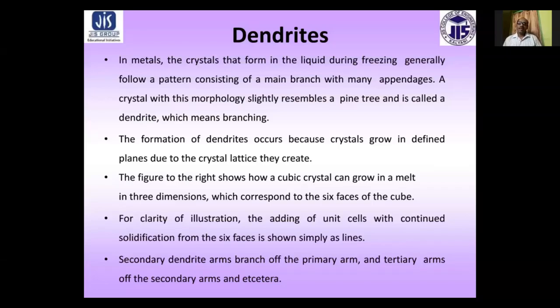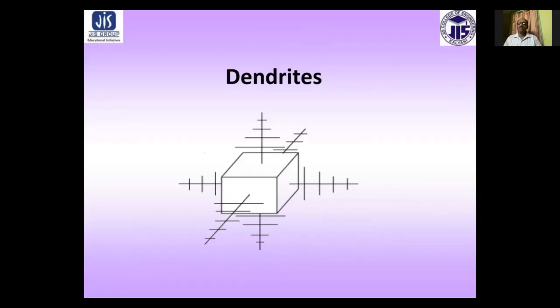A crystal with this morphology slightly resembles a pine tree and is called a dendrite, which means branching. The formation of dendrites occurs because crystals grow in definite planes due to the crystal lattice they create. This is the figure of a dendrite of a cubical crystal.